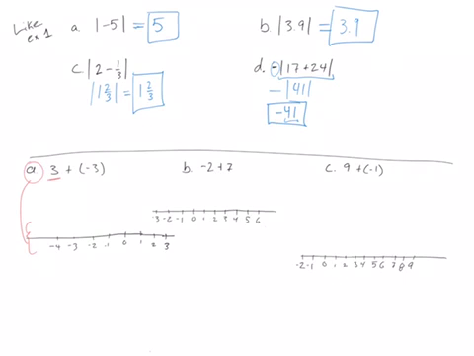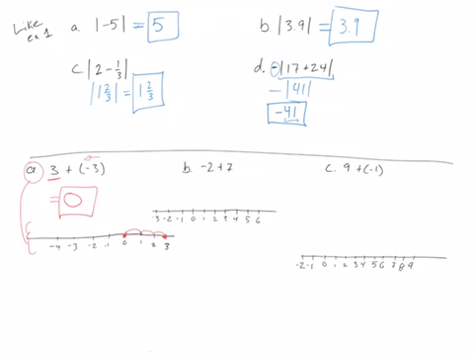So I'm starting out at 3, right here. And then I'm going to add to it a negative 3. Negative 3 means move in the left direction. So I'm at 3, and I'm going to take 3 steps to the left. 1, 2, 3. And notice I'm ending up there at 0. So this is equal to 0.